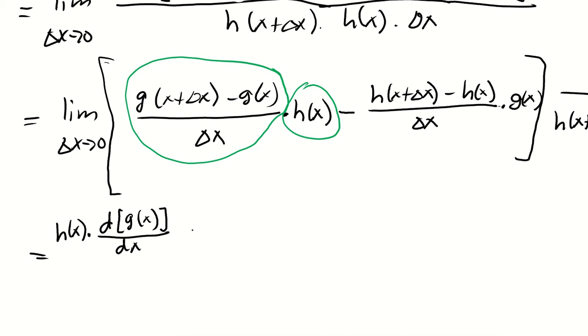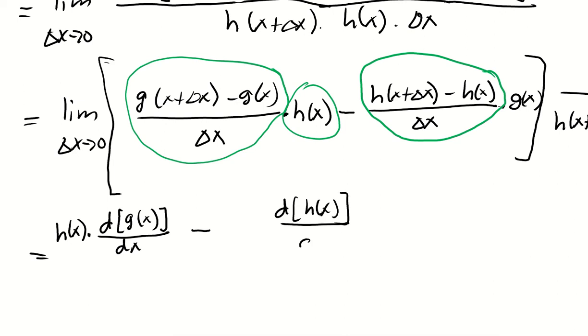Then the right side is again the derivative of h of x with respect to x, multiplied by the limit of g of x, which is just g of x.